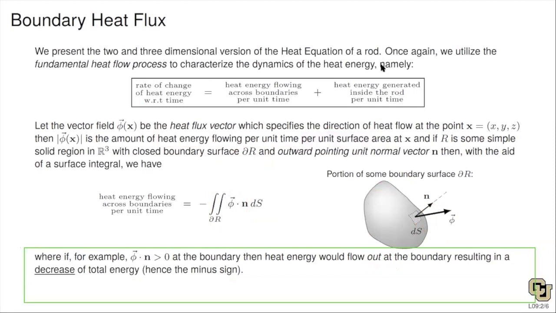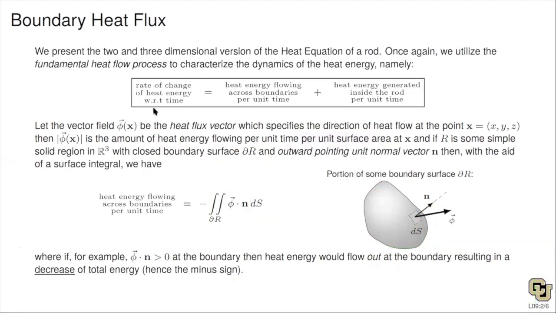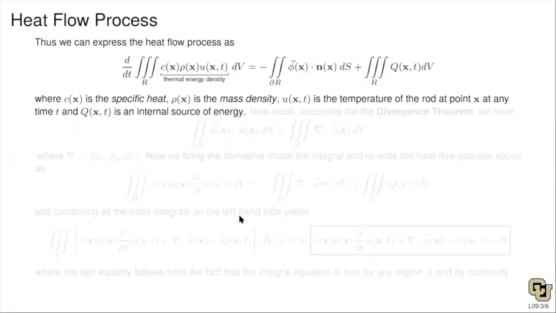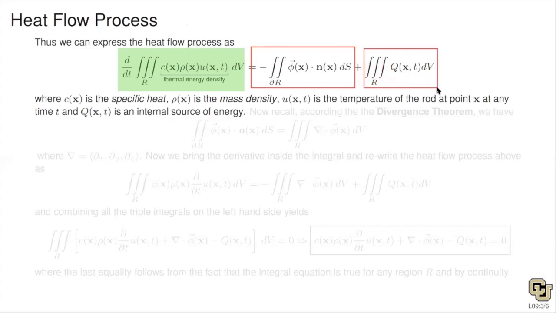So yeah, we can now write the heat flow process as a math equation. So here's that sentence now. The rate of change of the heat energy with respect to time is equal to any heat energy flowing across the boundary, plus any internal sources of energy being generated.